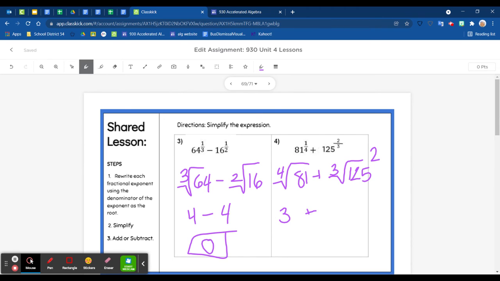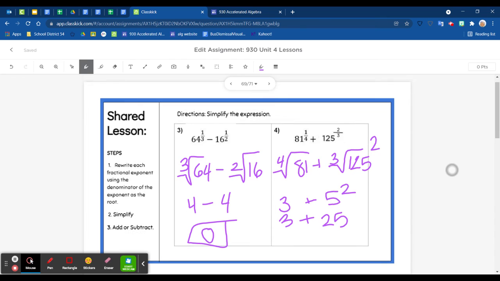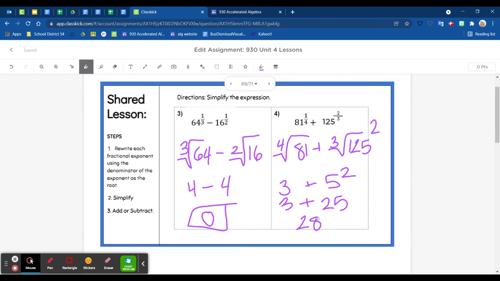Okay, so we know the cube root of 125 is going to be 5. So now I have 5 squared. So I have to apply that exponent to get 25. Now I can add 3 plus 25 and get 28. So simplify, simplify, simplify. When you can no longer simplify, then you can add or subtract.